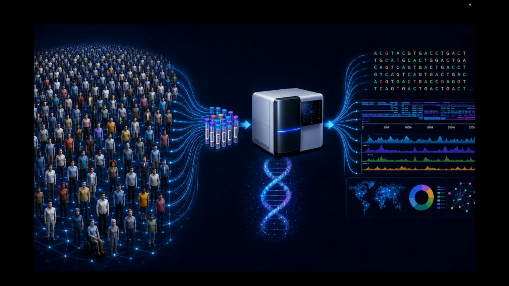On one side, we have people, then we have biological samples, which go through sequencing machines, and out the other side comes enormous amounts of digital data, DNA sequences, genetic variants, genome-wide measurements, and other information that researchers can analyze.